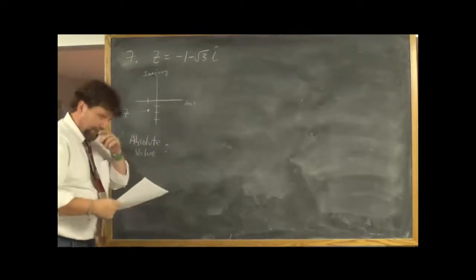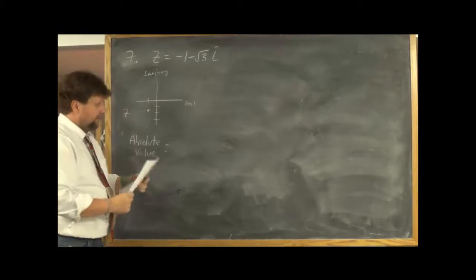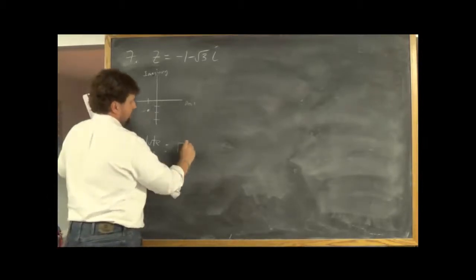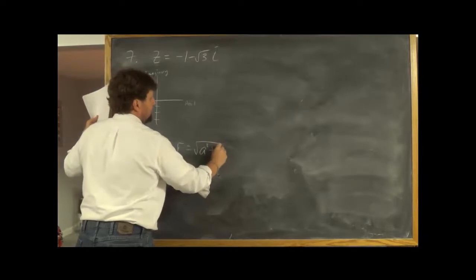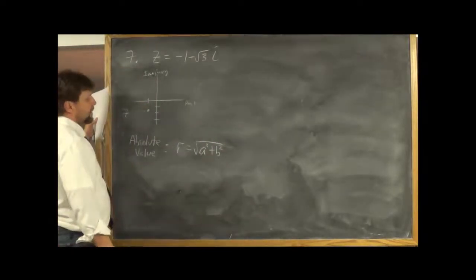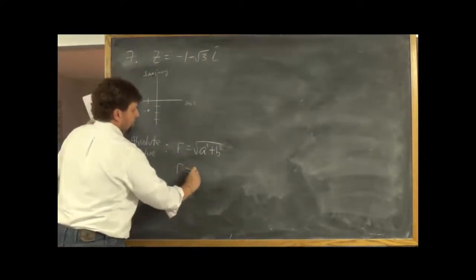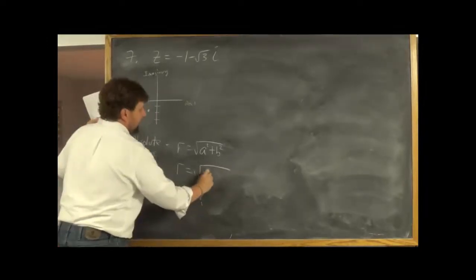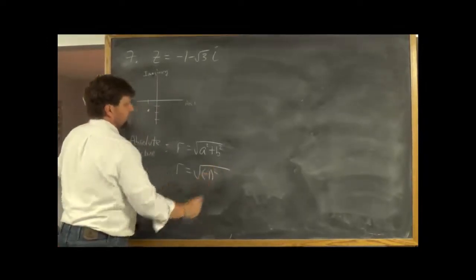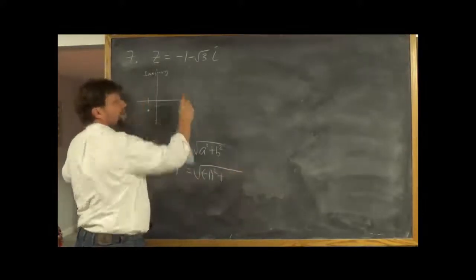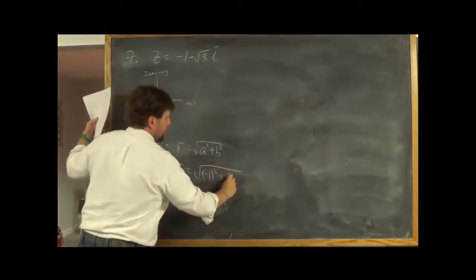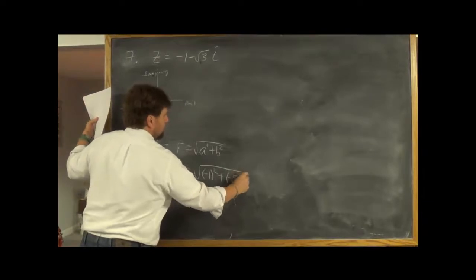Remember, for absolute value, it's the square root of a squared plus b squared. So the absolute value is the square root of: a is -1, so we square that, plus b is negative square root 3, so negative square root 3 squared.